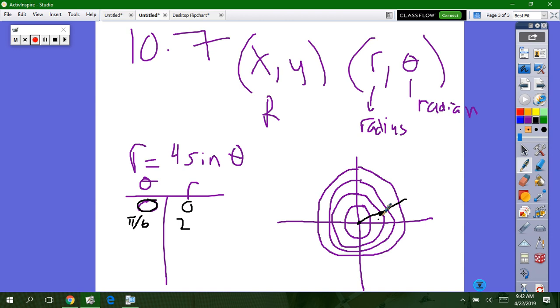Yeah? Okay, let's do pi fourths. What's sine of pi fourths? Root 2 over 2, correct? Root 2 over 2 times 4 would come out to be 2 root 2. Can somebody put that in their calculator really quick for me and tell me what it is?